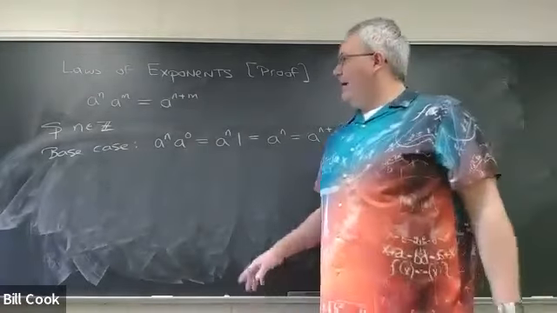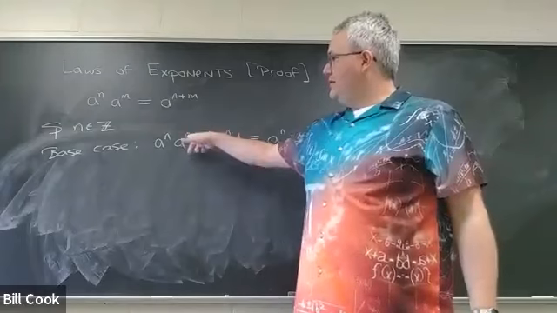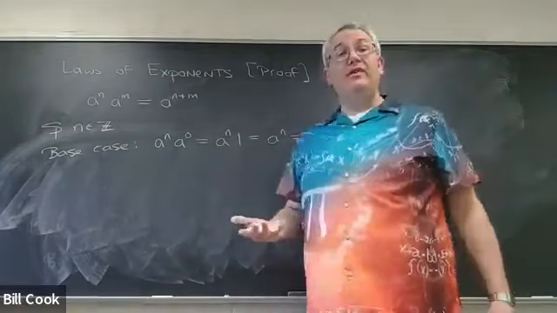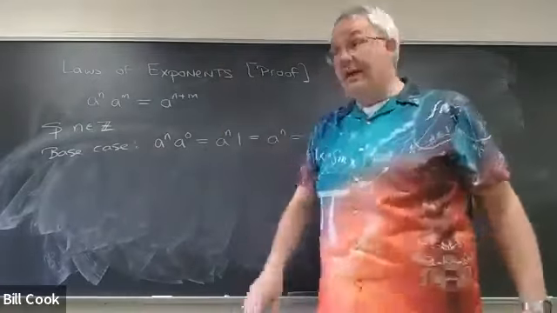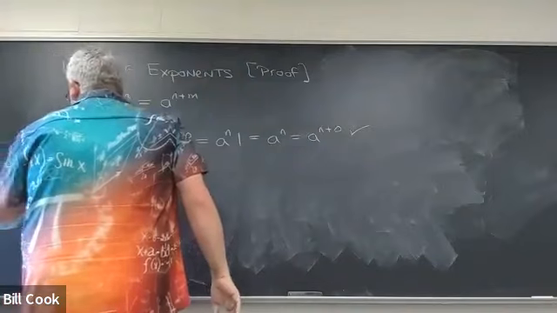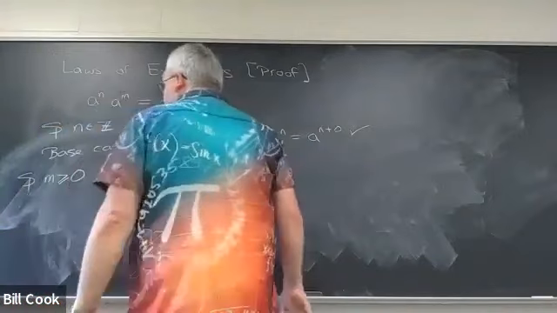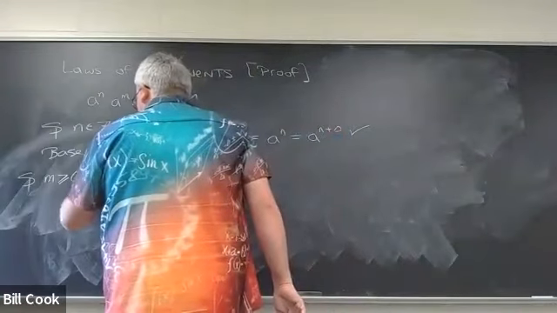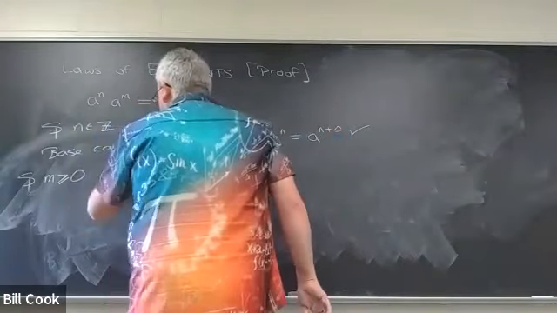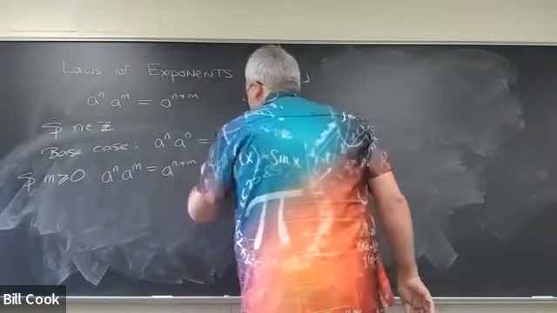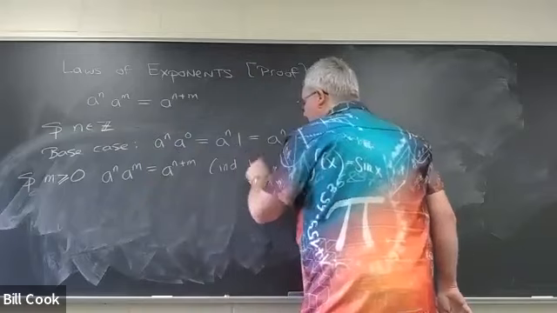Okay, now I want to show that this holds not just for 0, but for all integers m. And so I'm going to have to induct up and induct down. So first of all, suppose that m is greater than or equal to 0, and A to the n times A to the m is A to the n plus m. This is our inductive hypothesis.